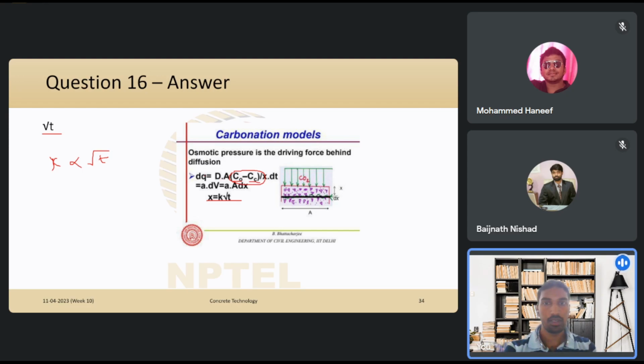If you derive the flux, which is the rate of flow across a unit area, for some infinitesimally small depth dx, then finally you will see that the depth of carbonation is dependent on the time, and the exact function is root t. So it will be proportional to root t.